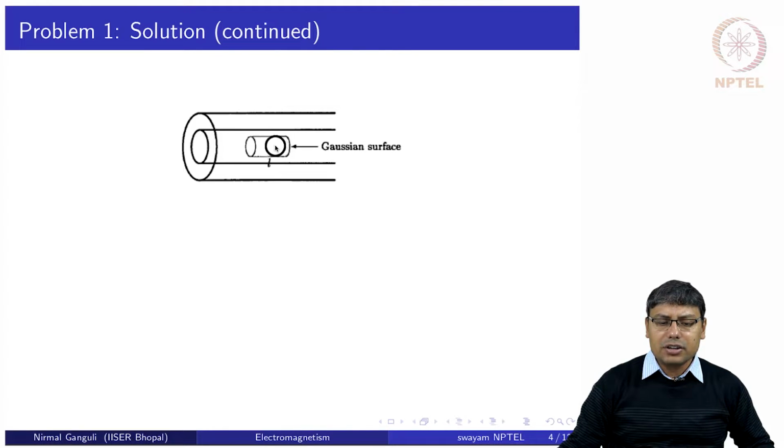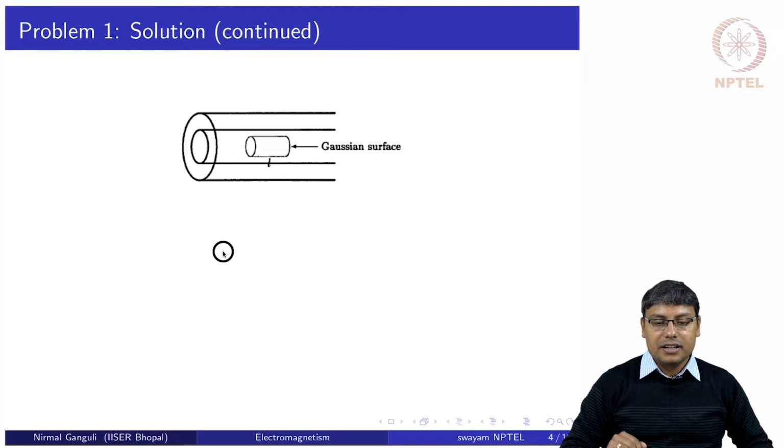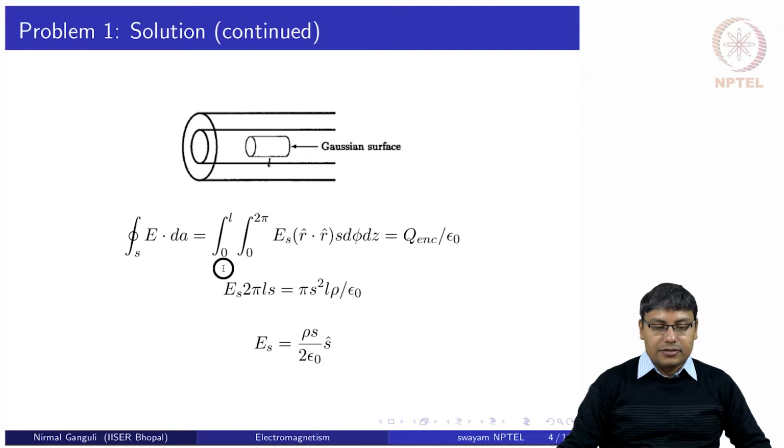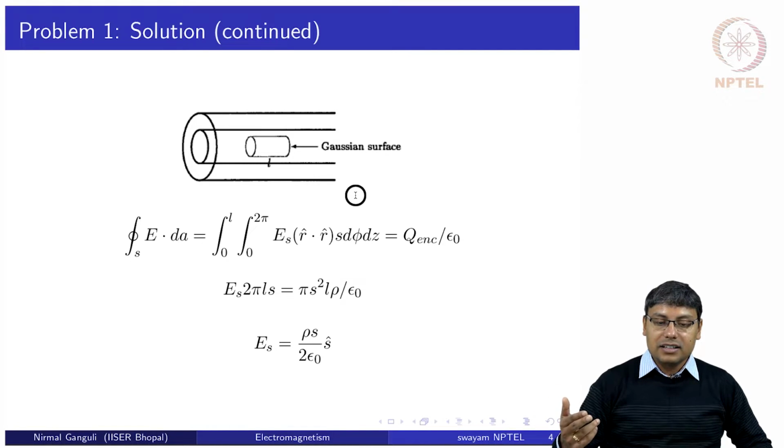Here we have shown a Gaussian surface inside the inner cylinder, and the length of this Gaussian cylinder is L. So, we will have a closed integral over E dot dA given as integration from 0 to L over z, that is the length of this Gaussian surface, and integration from 0 to 2 pi over phi, the azimuthal angle, of Es s-hat dot s-hat s d phi dz, and that will give us the total charge enclosed over epsilon naught.